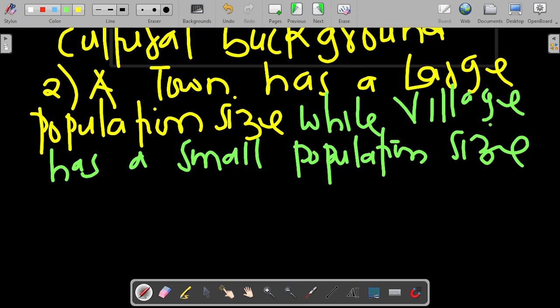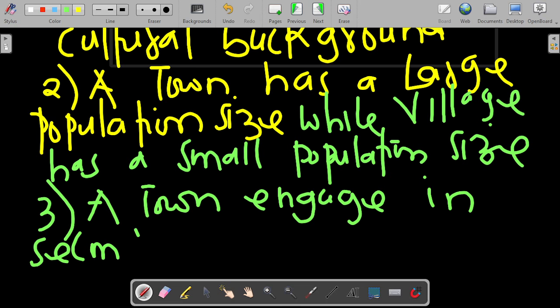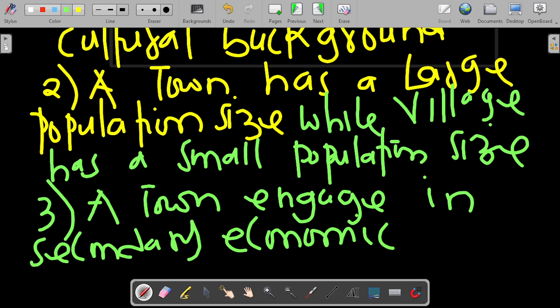Then number 3, a town engages in secondary economic activities.